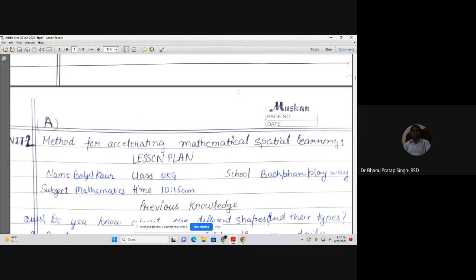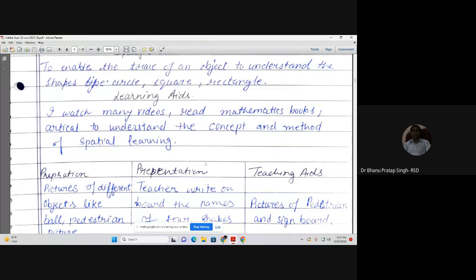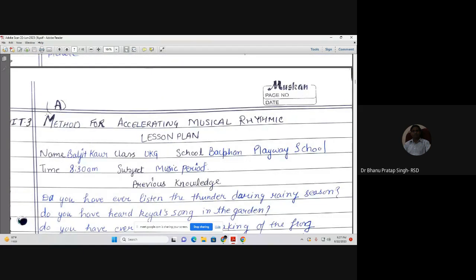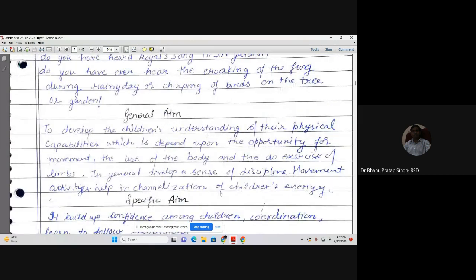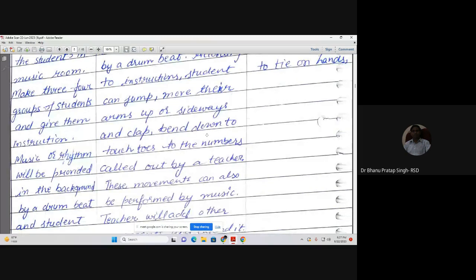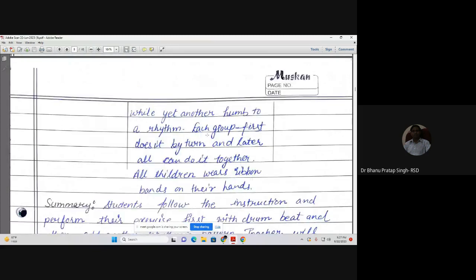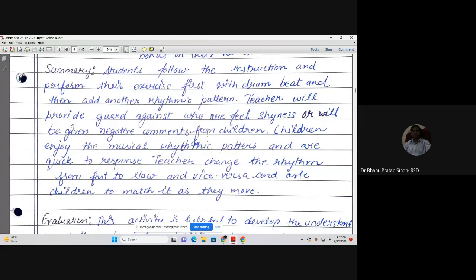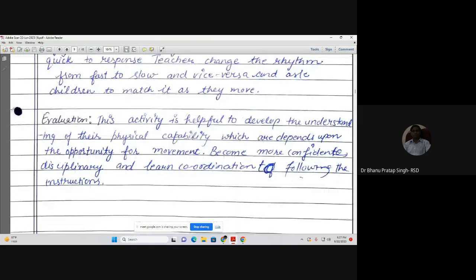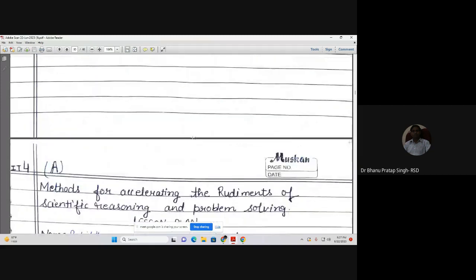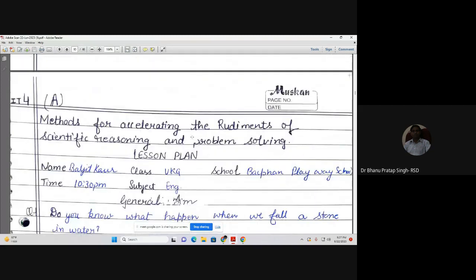Similar repetition will be there. Unit 2 lesson plan is there. One activity she has taken. Unit 3 lesson plan is there. The format is the same. Then summary by the teacher, evaluation part of the teacher, and unit 4 on the same pattern.